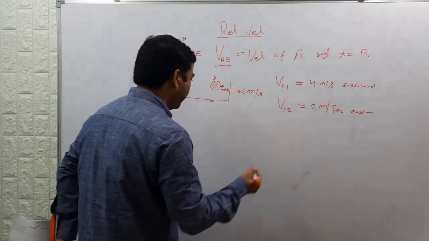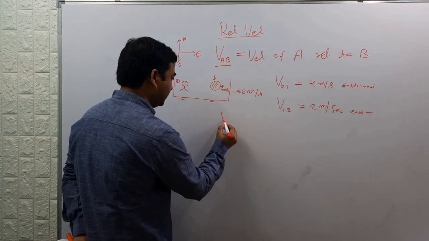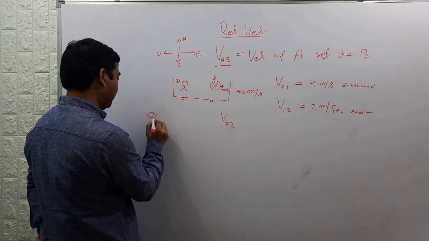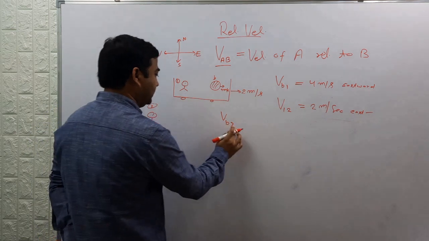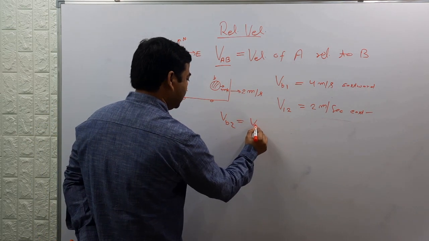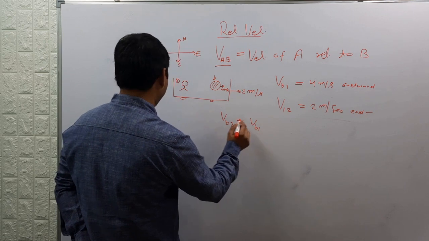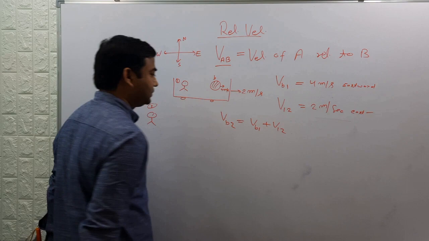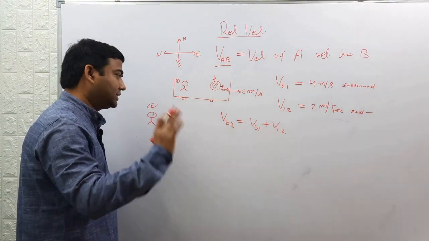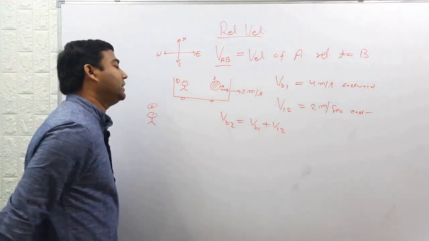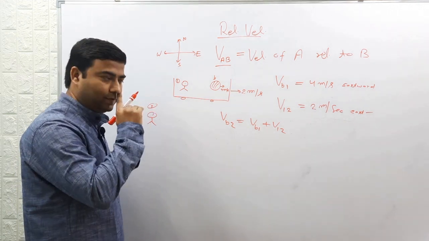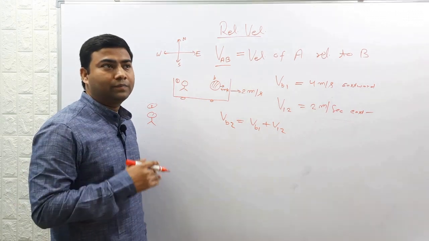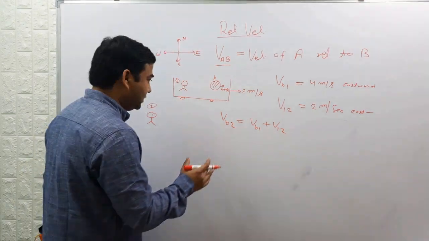We have written the velocity addition rule as VB2, where observer 2 was present, VB2 is equal to VB1 plus V12. That was the velocity addition rule which we have discussed. We can interpret this velocity addition rule from a different perspective, and that is also very important, which is used frequently in many problems of physics.